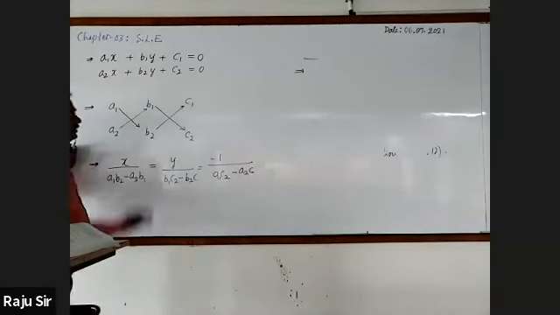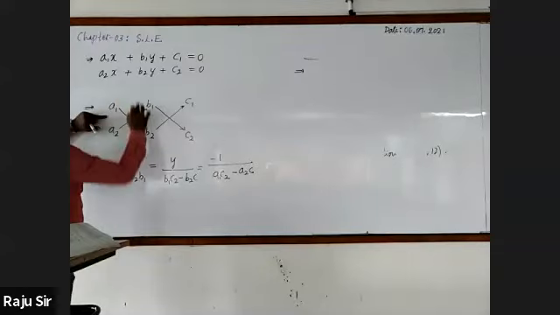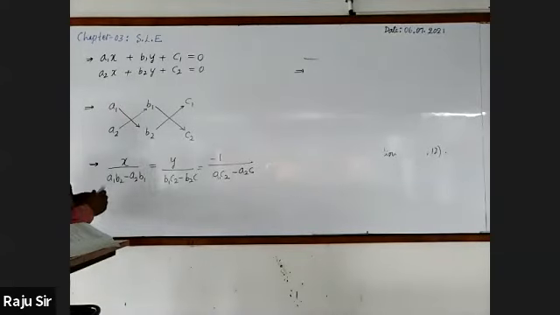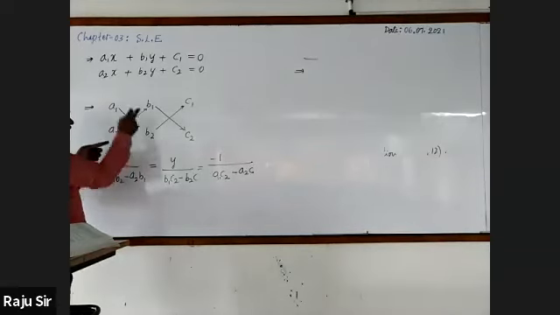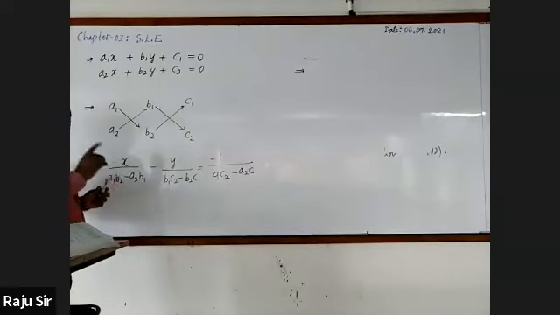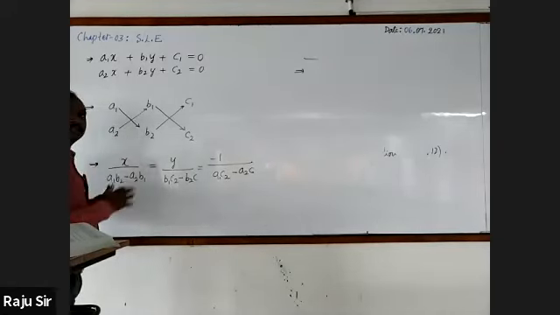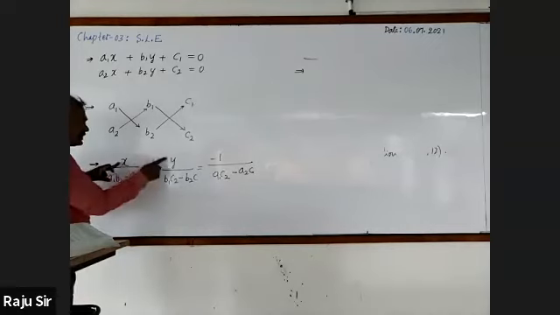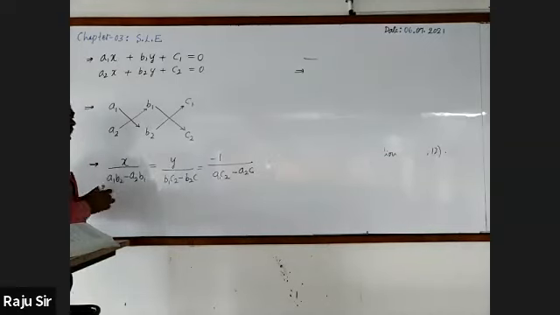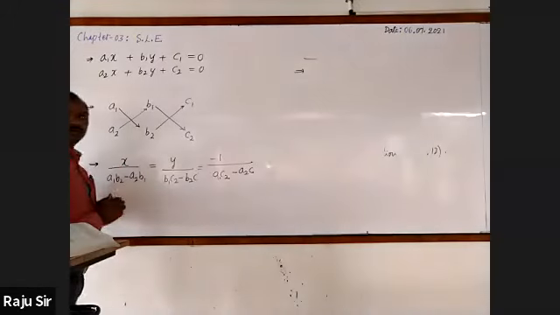The general form. Next, I've written all the coefficients: A1, A2, B1, B2, C1, C2. Then we will go for cross multiplying by taking the two ratios at a time with respect to each variable and a constant. The variables are x and y and the constant is 1.